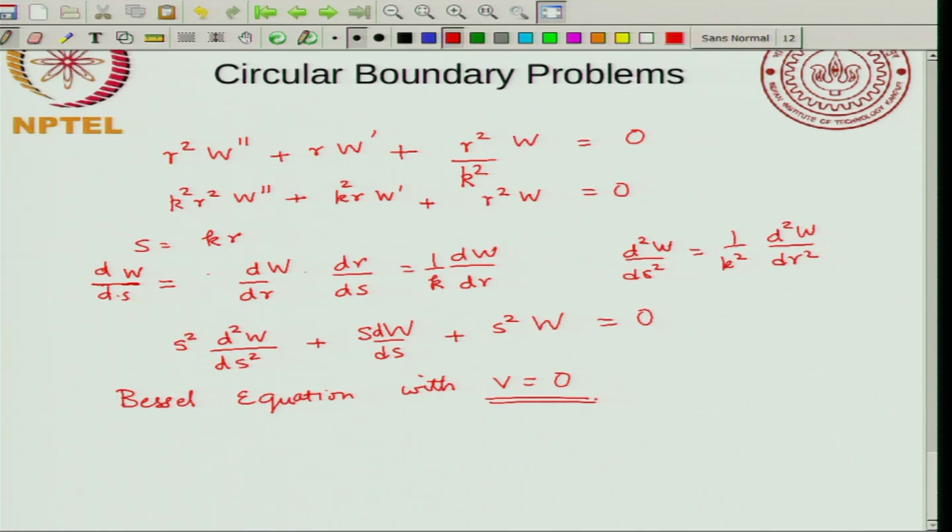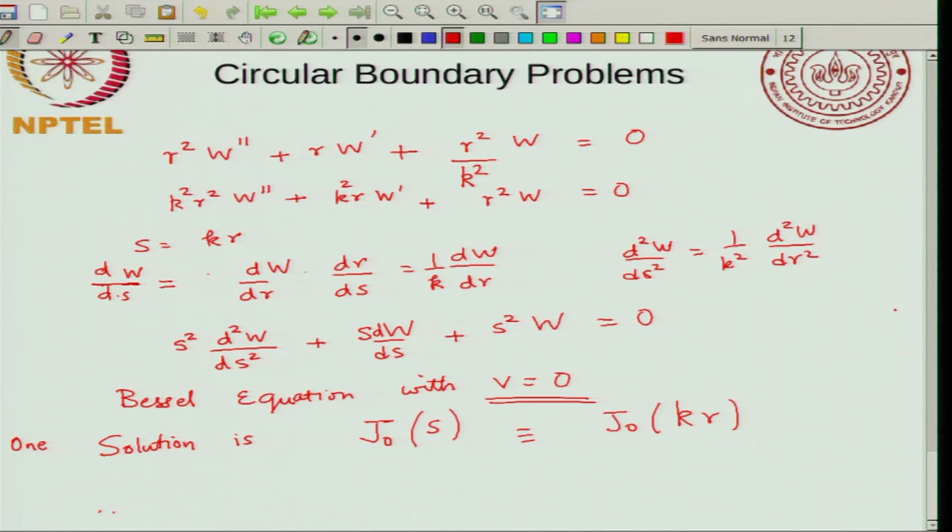Okay. So, what is the solution of this equation? That means the solution, at least one solution, is J0 of s, or equivalently it is J0 of kr. Okay.